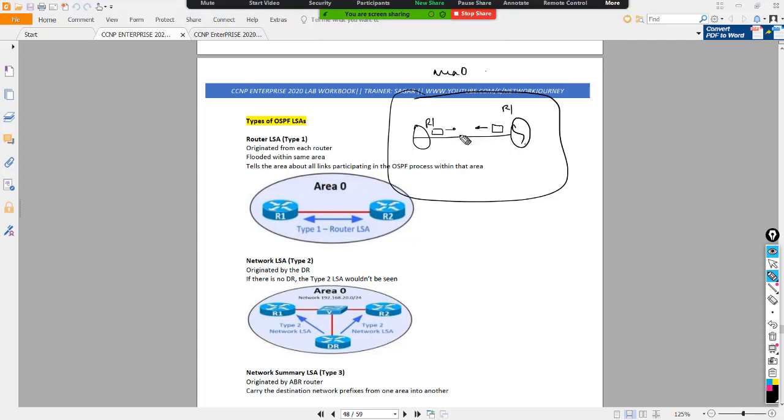These LSA packets are your update packets. It could be reply packets, it could be acknowledge packets. Based on the content of these LSA packets, we can classify them. So let's say they just formed the neighborship and now they are two neighbors.